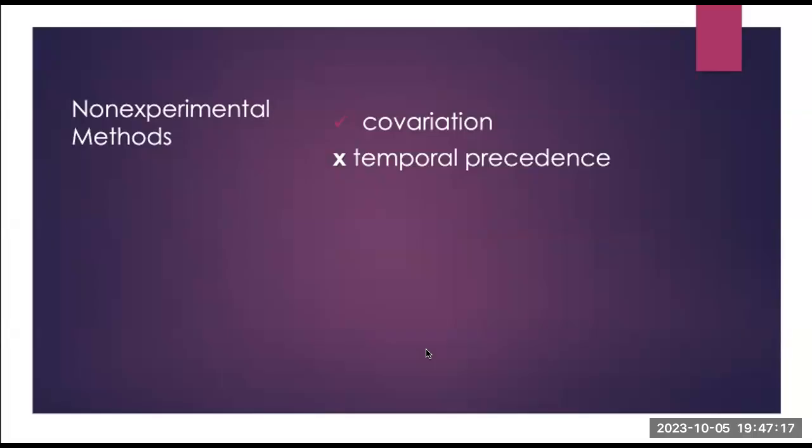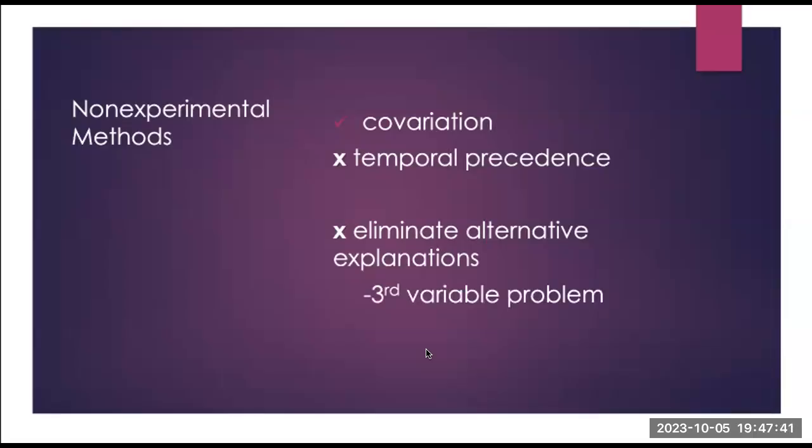What we normally don't have in non-experimental methods is the establishment of temporal precedence because we are not manipulating any variables, right? So because we're not manipulating variables, we are not establishing temporal precedence, and often we cannot eliminate alternative explanations as easily as we can with an experiment.